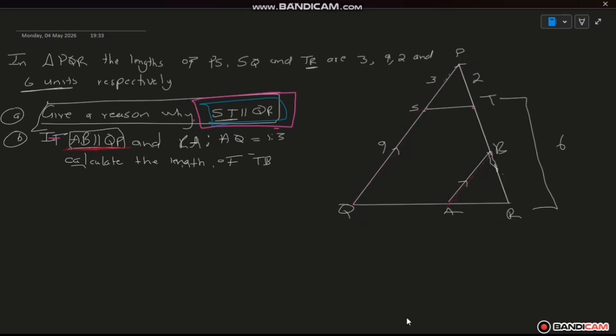So since you can see that we are having RA over AQ, it means that BR over BP.